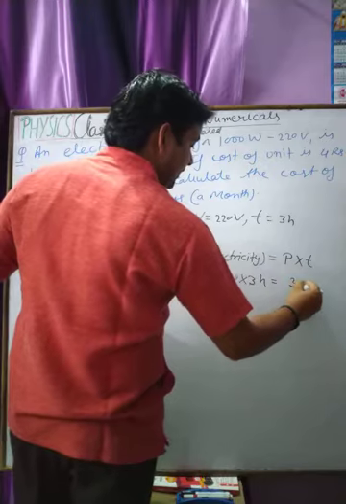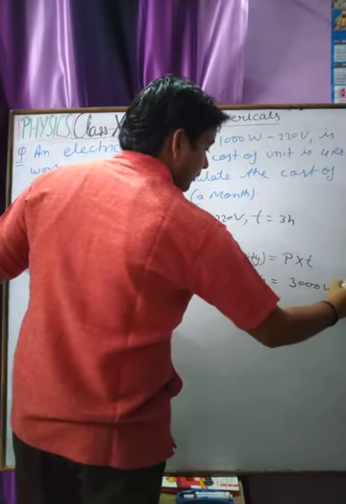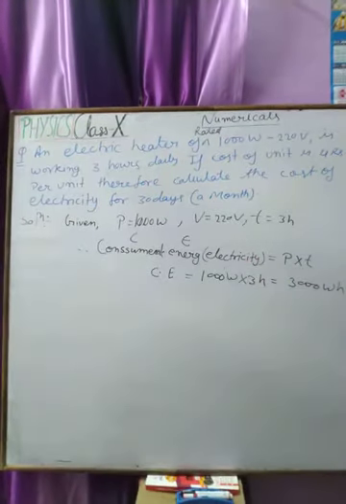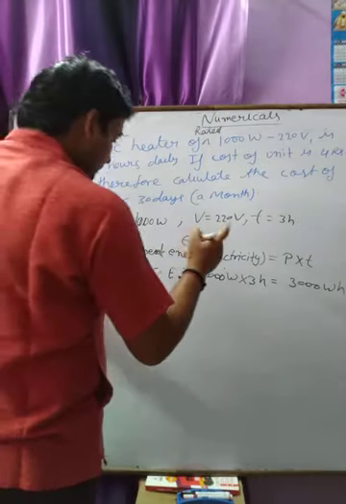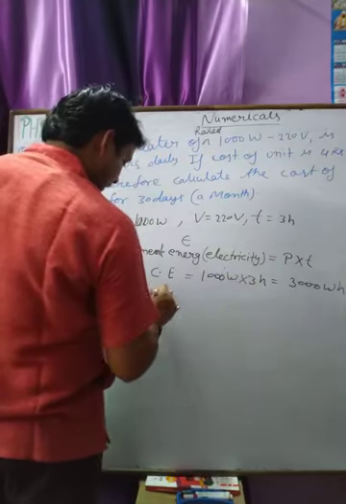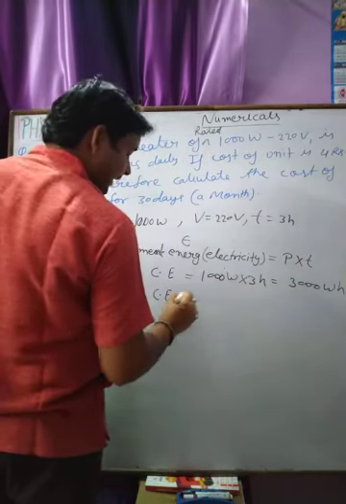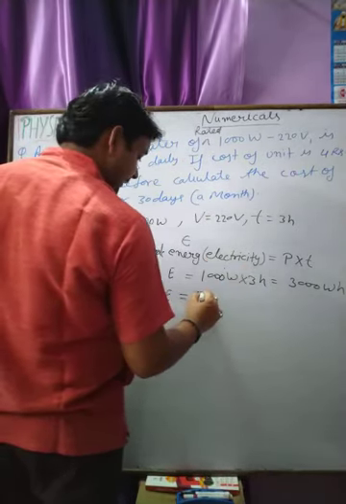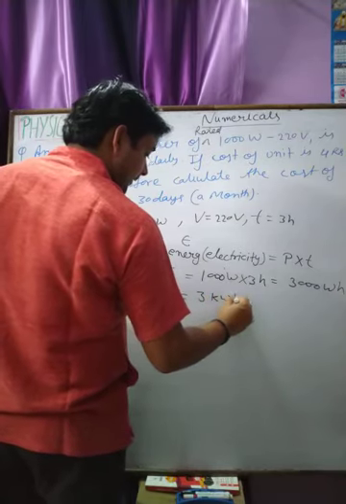This will become 3000 watt hours. Now it will be calculated in kilowatt hours, so the consumed electrical energy or electricity is 3 kilowatt hours.